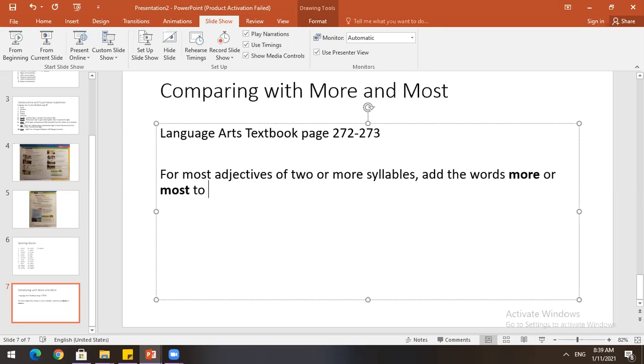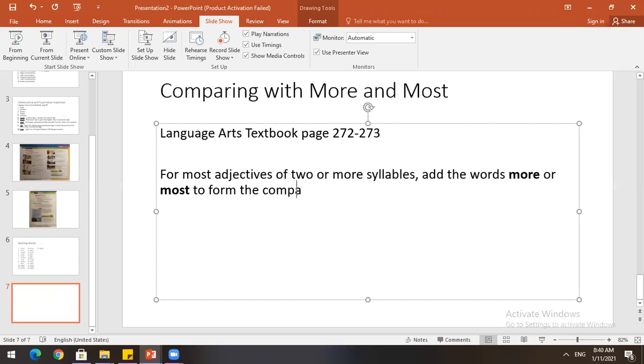The San Diego Zoo is the most colorful zoo in the world. When you use more or most, do not use the ER or EST form of an adjective. Very good.